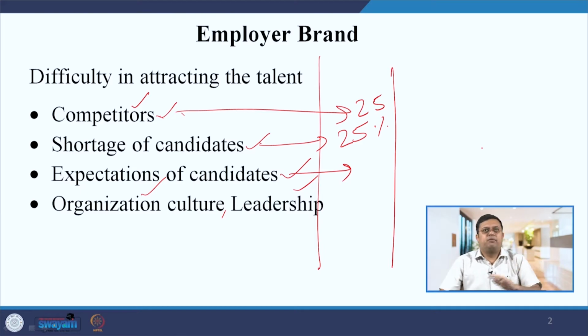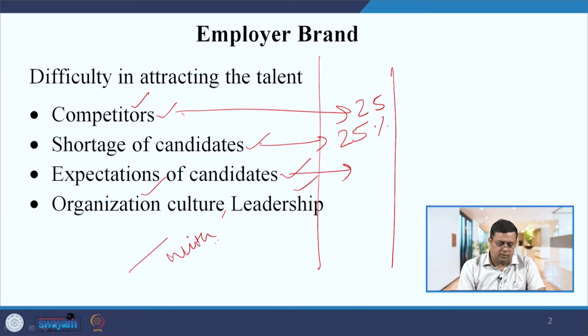Before developing a strong employer brand, you need to understand why your brand is not strong. Existing employees may give you the reason why you are not able to attract the right kind of talent. Second, you can do a survey with rejected candidates.